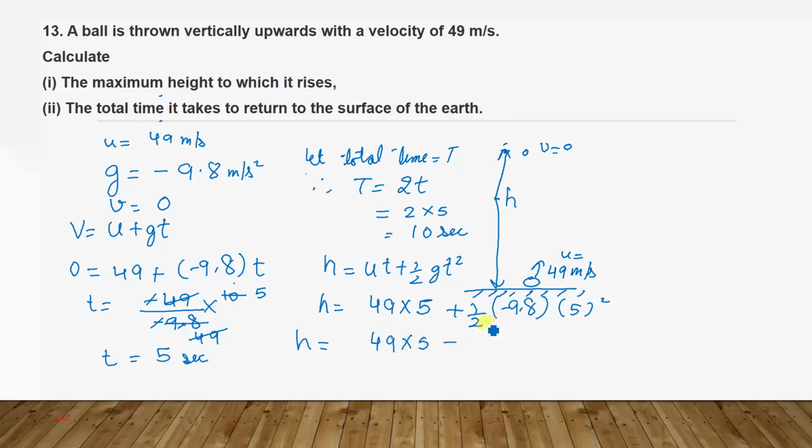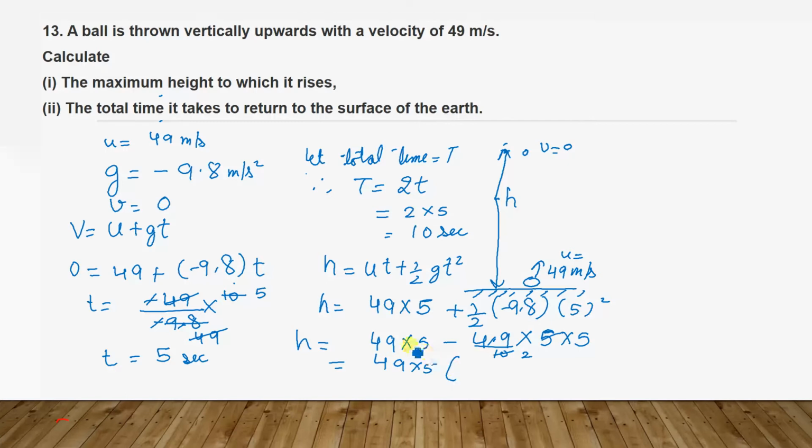Here it will be minus, and after doing cutting, we are left with 4.9 into 5 multiplied 5. Let's take, here you can take it as under 10, 5 1, 5 2. So 49 into 5 can be taken outside.